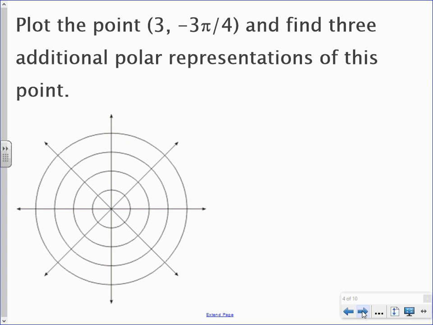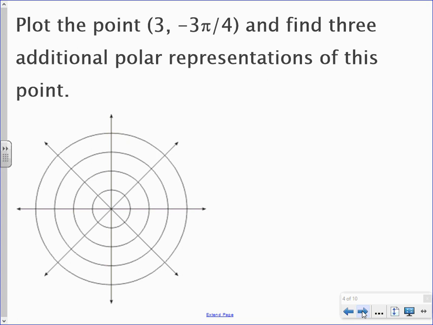Okay, so go ahead and write that down so you know what you're plotting. Now, this coordinate is written r comma theta, but I always like to rotate the theta and then walk out the r. Okay, that way I know I'm in the right place.